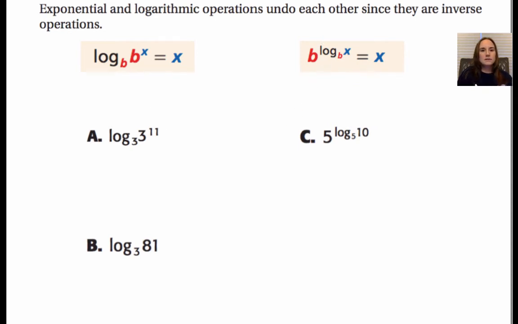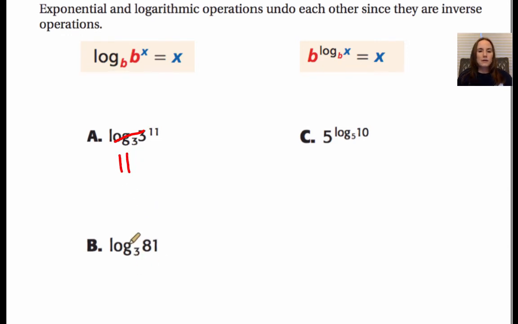Okay, let's see if we can do this. So we see a base here that is the same as the base being raised to the 11th power here. So this cancels out and we will just have 11.